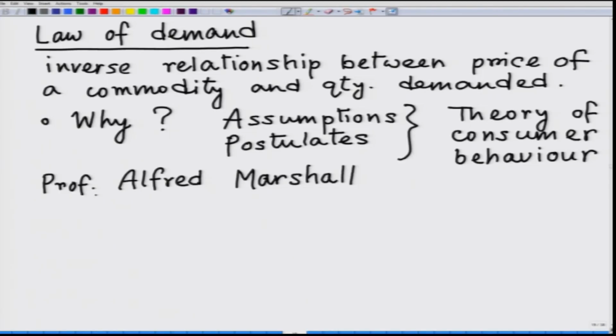So, what are these assumptions that are required to establish the assumptions and postulates? Of course, you can add that as well.